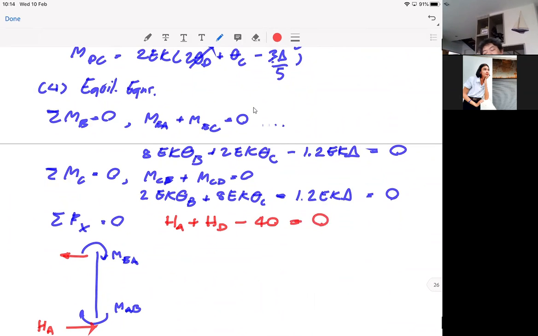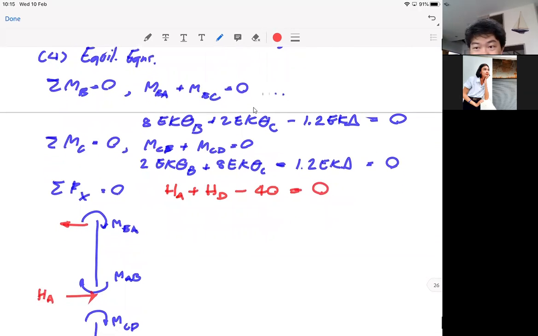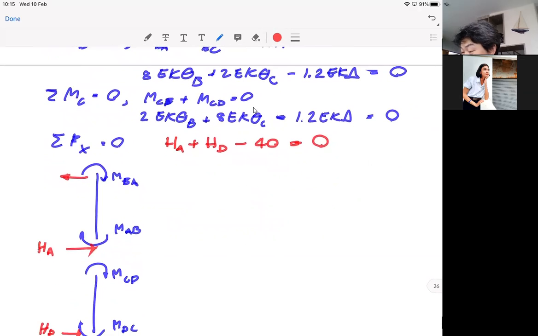All right. So the third one is a bit more painful, takes longer to do. Now, for the first time, you may hate sigma Fx equal to 0, right? So, how do you obtain that?